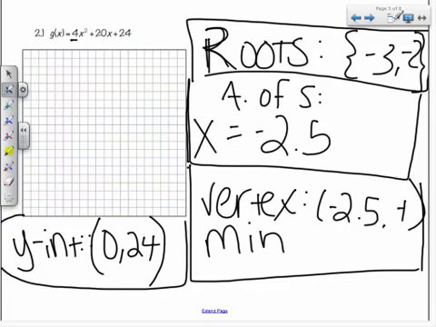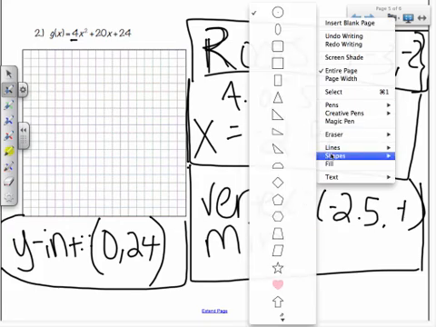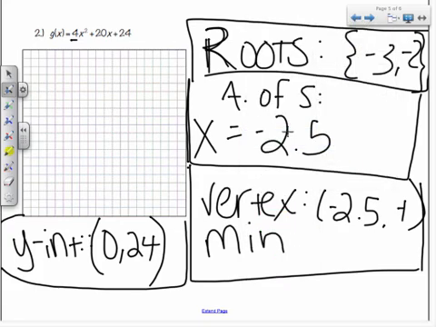So when I create my graph, I'm going to make sure that I don't really show much of the positive x values. So I'll put my y-axis right here. All right, and then I need to go from -1 to +24.